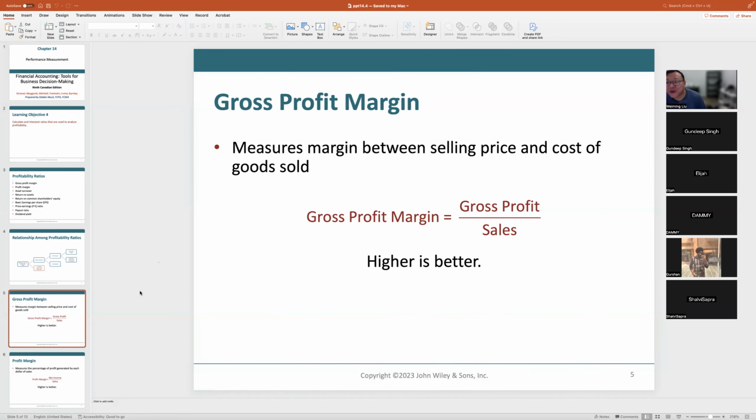Those expenses are necessary for the operation. So you use gross profit minus expenses. That is your net income. So gross profit is always higher than net income. The difference is the expenses.